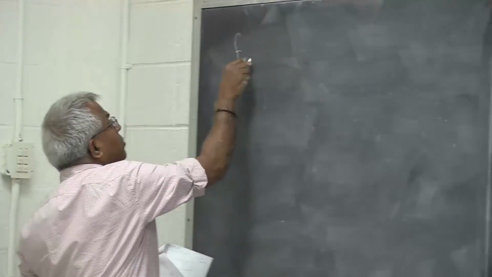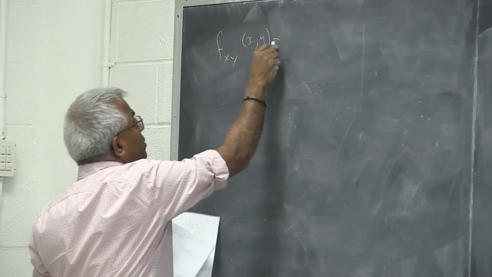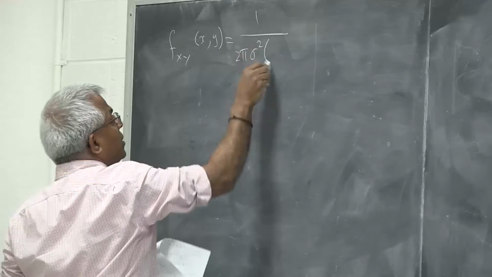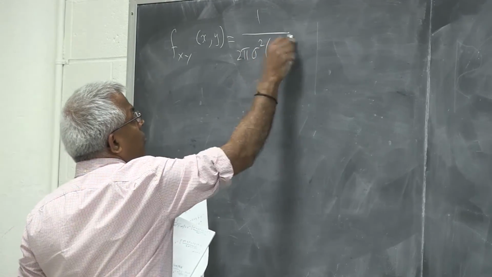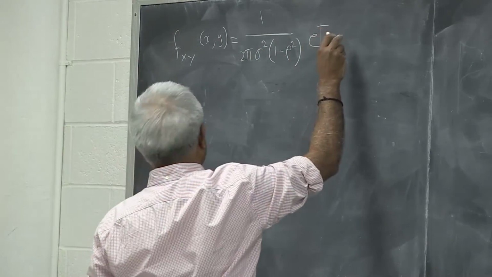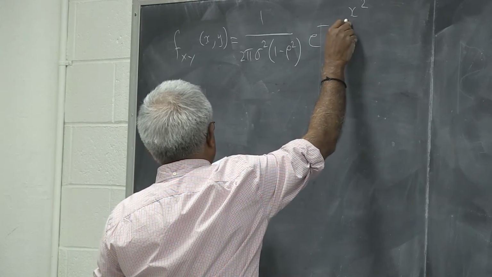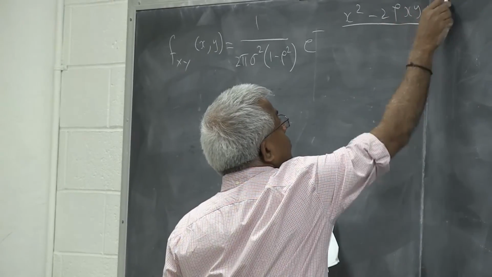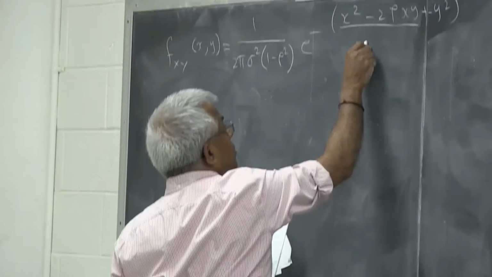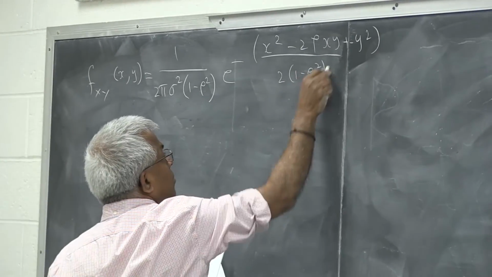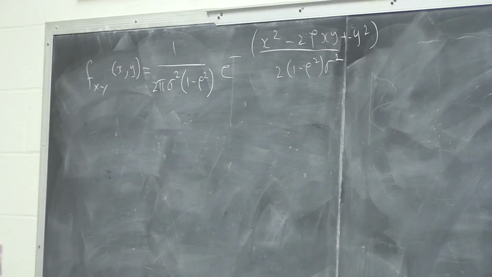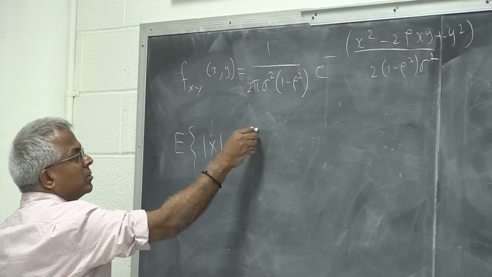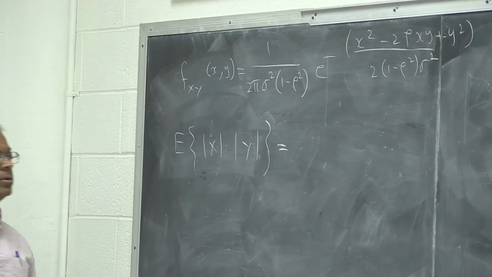So you have two Gaussian random variables with equal variance and correlation coefficient rho. So what we want is the expected value of x, this quantity.